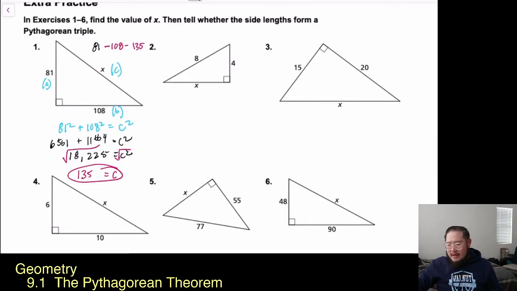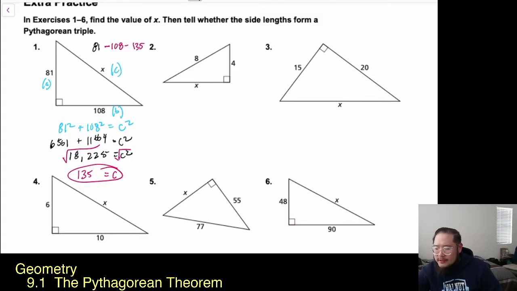Can I take 81 and divide it by 3, take 108 and divide it by 4, and take 135 and divide it by 5? And is it the same number that we end up with when we divide? Actually, in this case, it is.